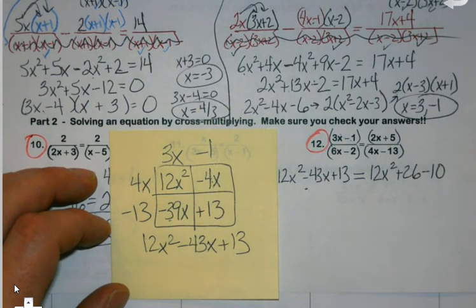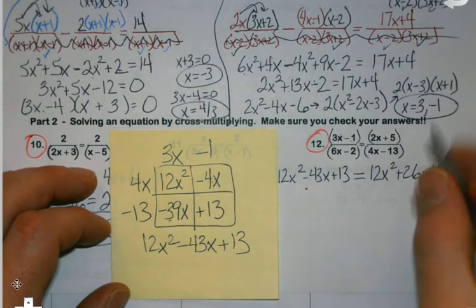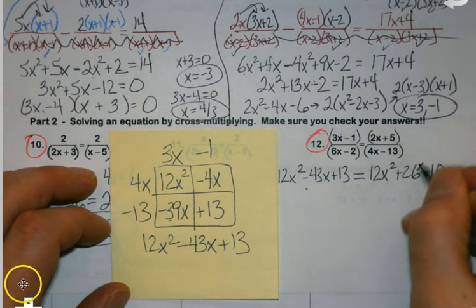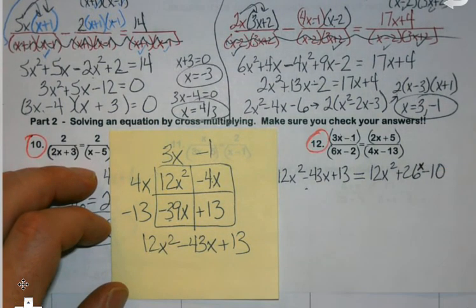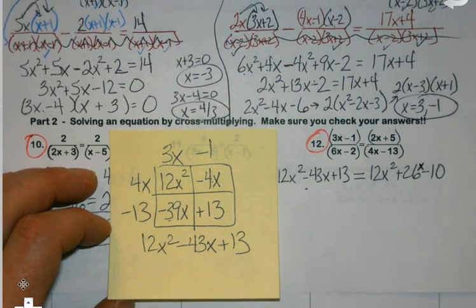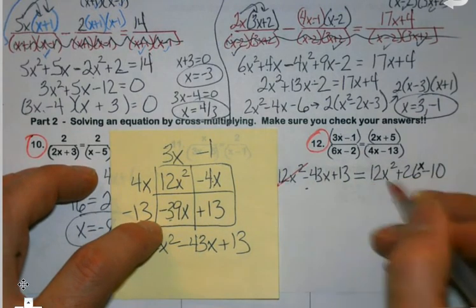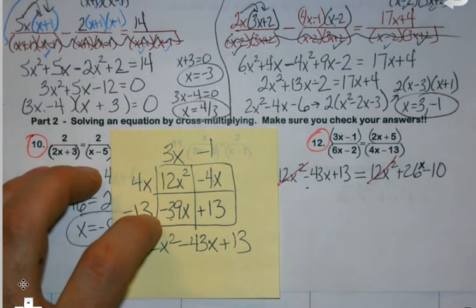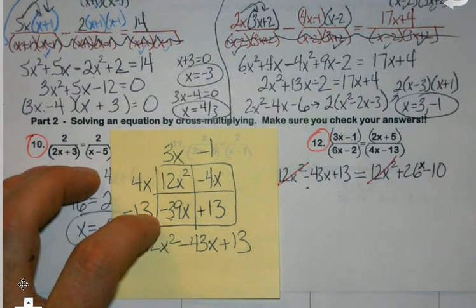Oops, I lost my x over here. So, here's the good news. When I try to get all the x squareds together, what happens? They cancel.